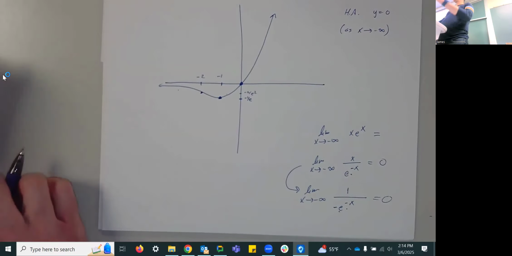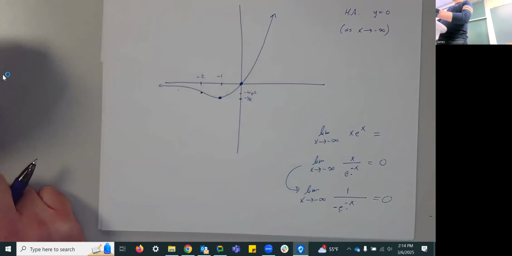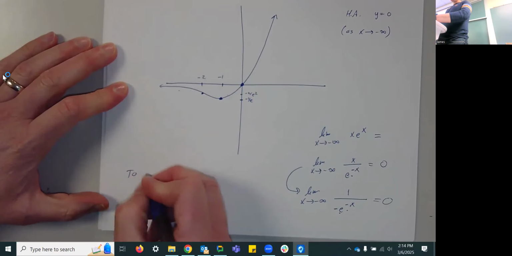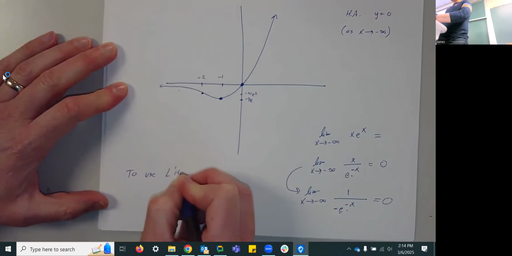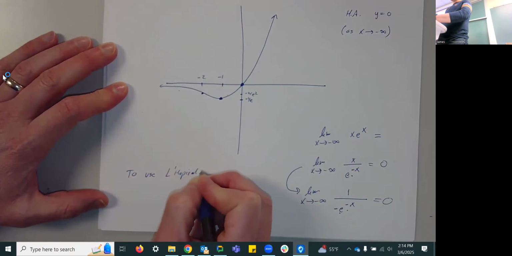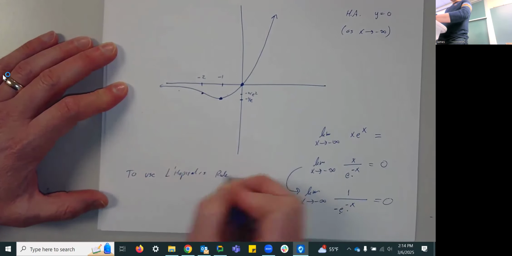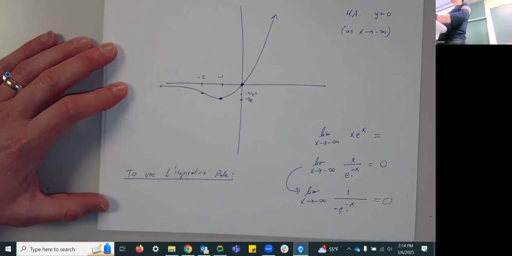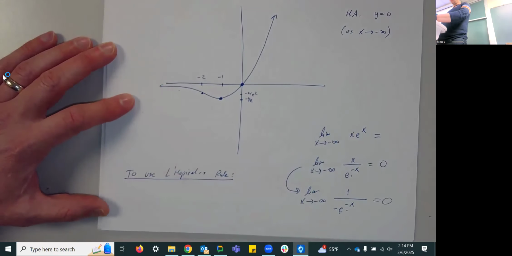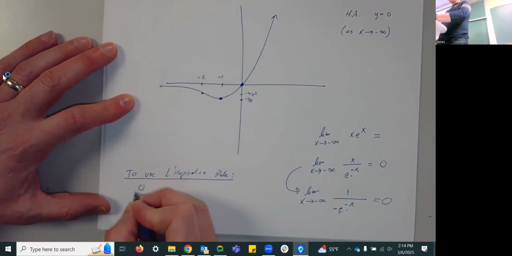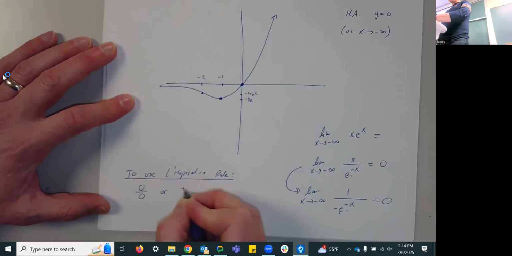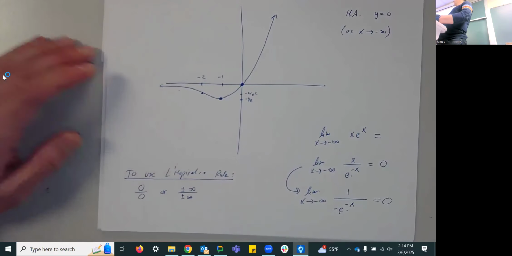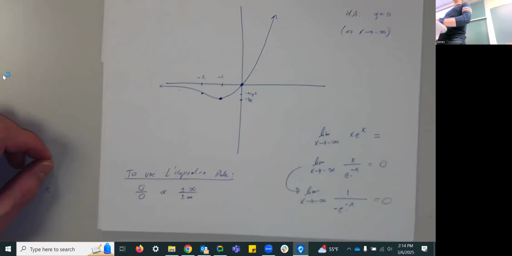I will remind you heavily to use L'Hopital's rule only in two situations. If your limit looks like a 0 over 0 or some sort of infinity over some sort of infinity. I will remind you, we didn't start with that.